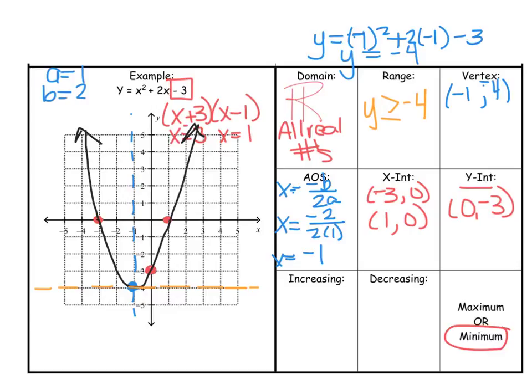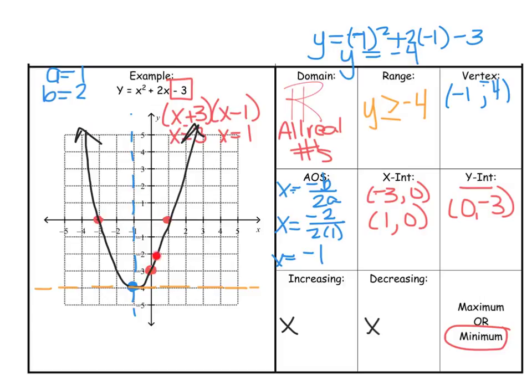So now we're going to take a look at our increasing and decreasing intervals, and they're always written as an inequality with x. So if I'm looking at my graph from left to right, and I start with my parabola here, this is the area where the parabola is going down, and then the axis of symmetry and the vertex, that is the halfway point.